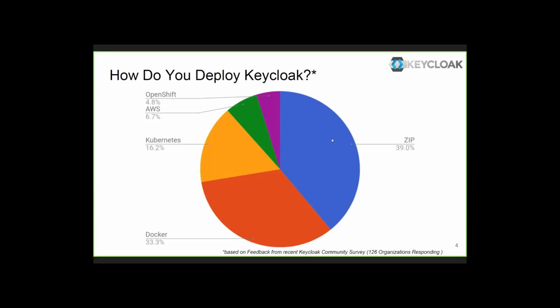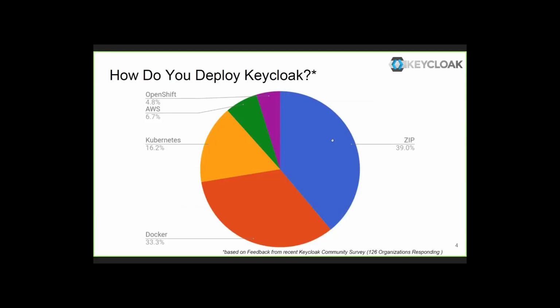And one of the surprising facts was how people deploy KeyCloak. So KeyCloak is a Java middleware project. And traditionally, the consumption method for Java project is just zip distribution. Because it's a JVM-based solution, you just unzip and run with Java. But actually, Docker is on a good path to surpass our zip usage.